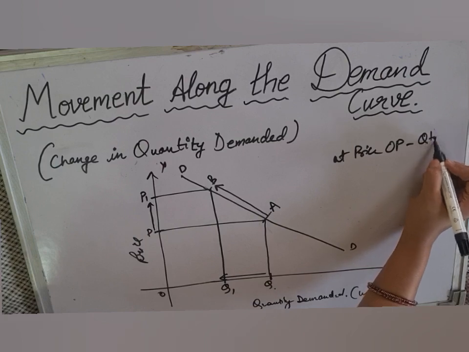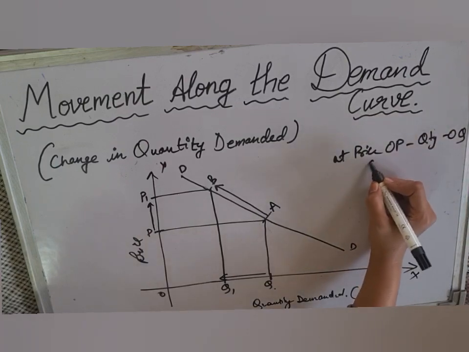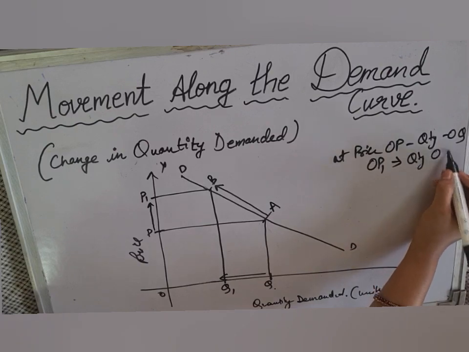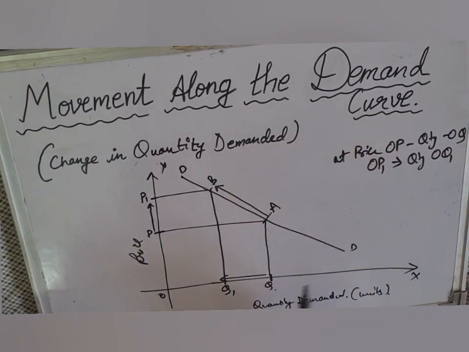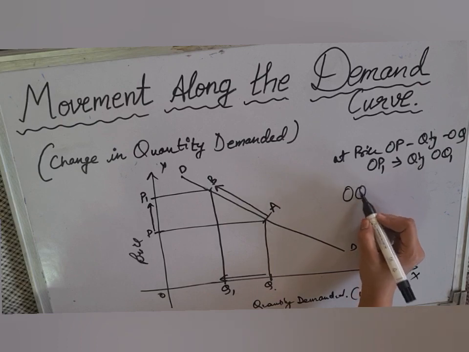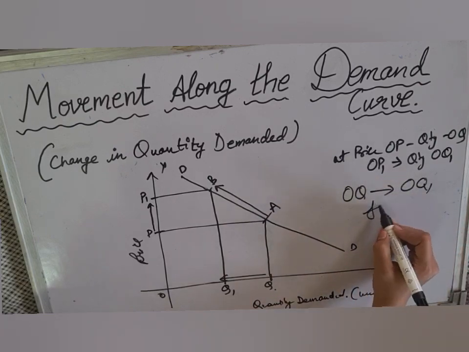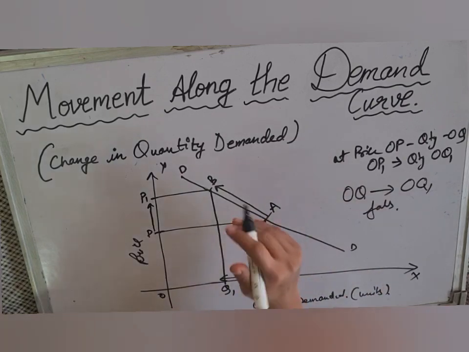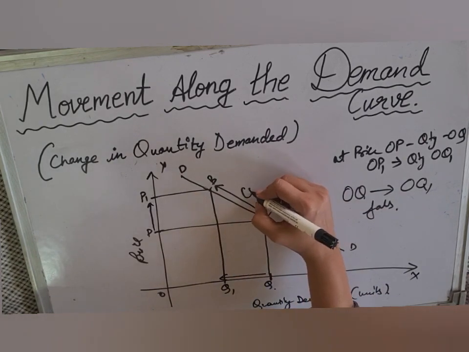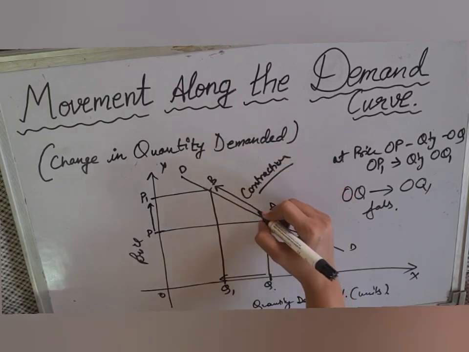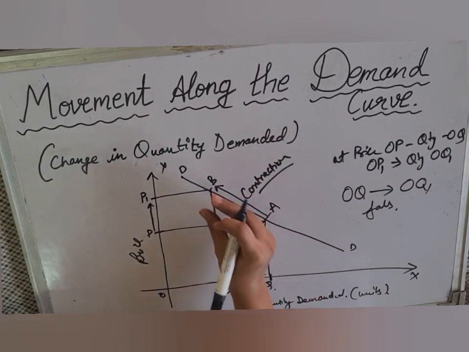When the price becomes OP1, the quantity demanded becomes OQ1. So, the quantity demanded falls from OQ to OQ1. This is called the contraction, which is a movement along the demand curve, the upward movement.